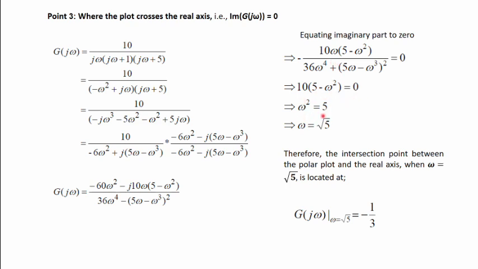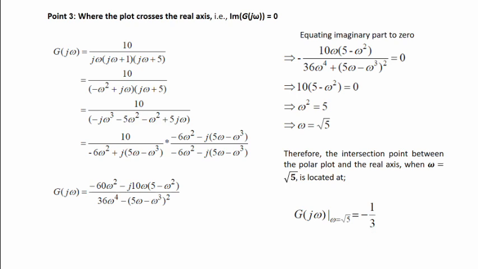So omega square is equal to 5, omega is equal to root 5. Therefore, the intersection of the polar plot with the real axis occurs at omega equal to root 5. Substituting omega equal to root 5 in G of j omega, the magnitude comes out to be minus 1 upon 3.